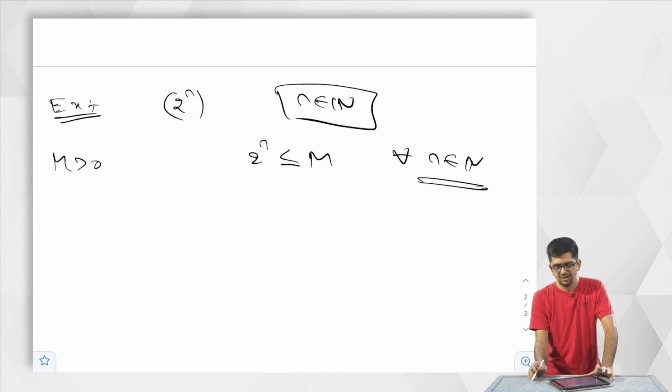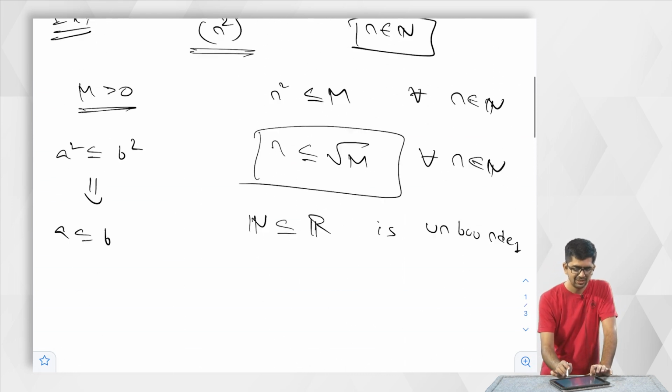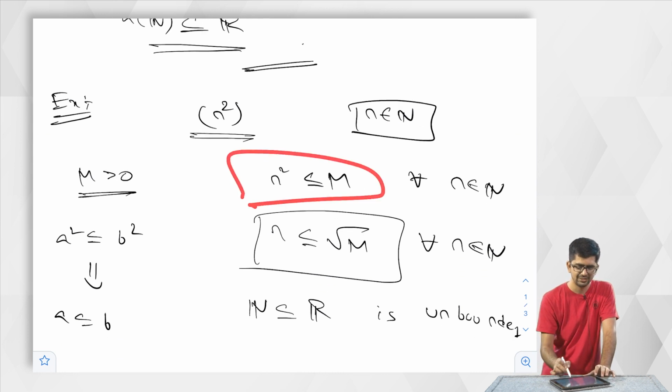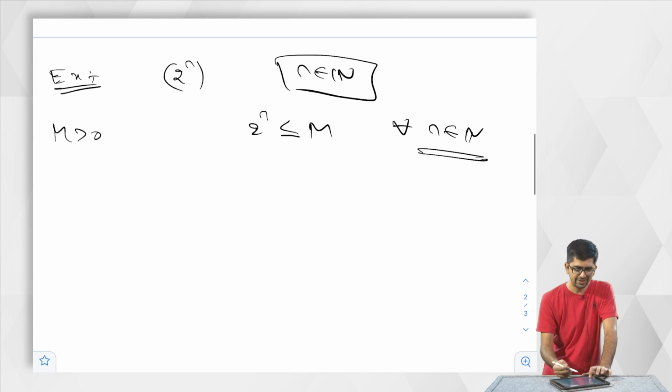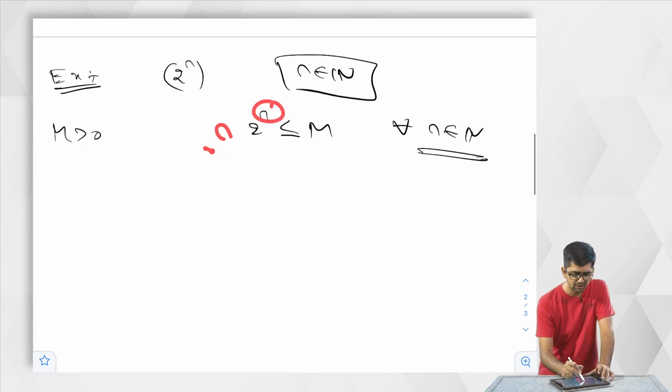Now, observe, I cannot apply the same idea as this, because taking a square root is easy, but here, if I have to remove this n, I have to take the nth root.